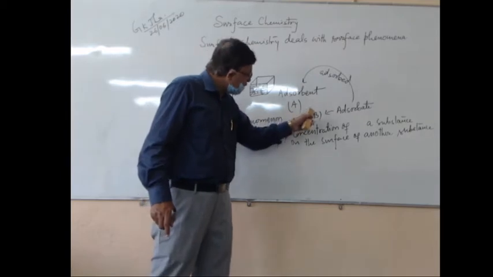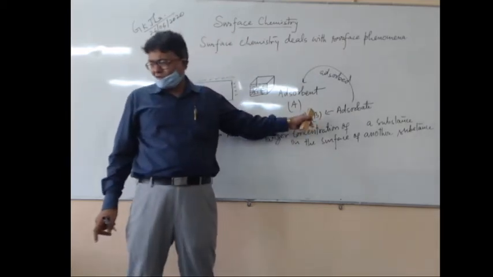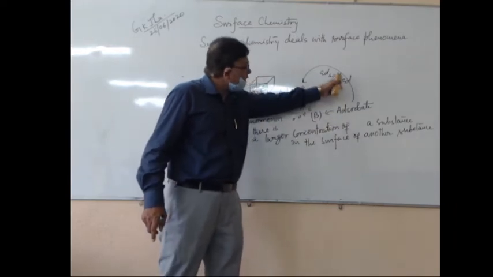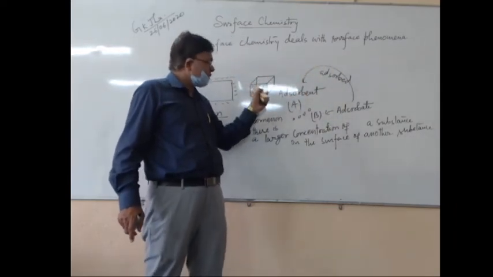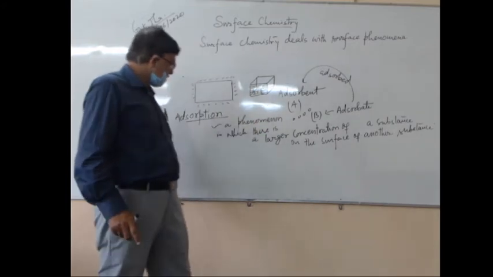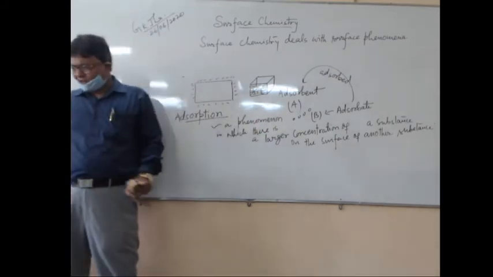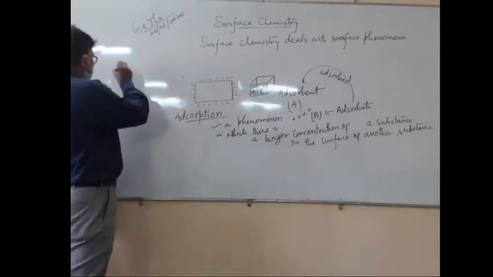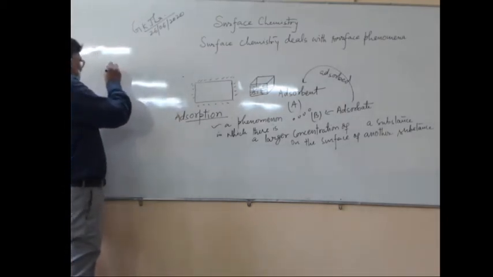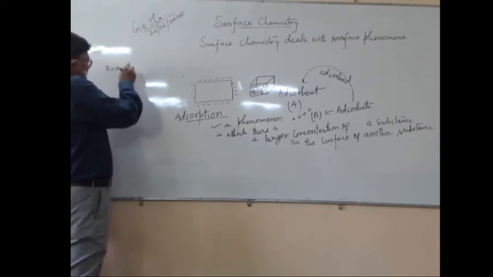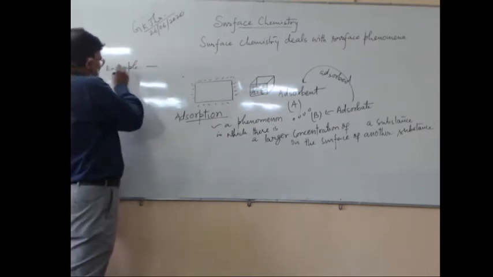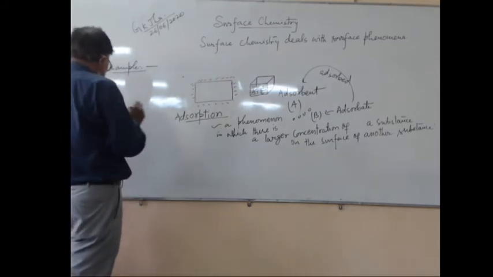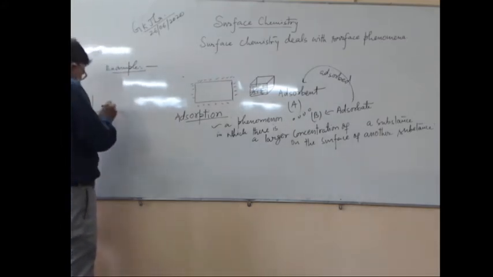These gaseous molecules we denote simply by B. Therefore this B, the adsorbate, is being adsorbed onto the surface of the adsorbent. So clear? I think adsorption is clear. One example, very important, I will give you.